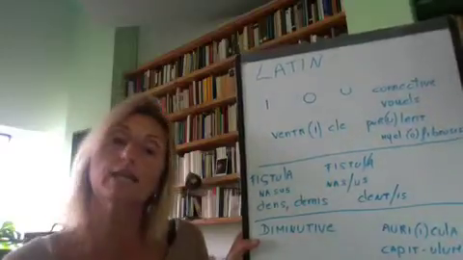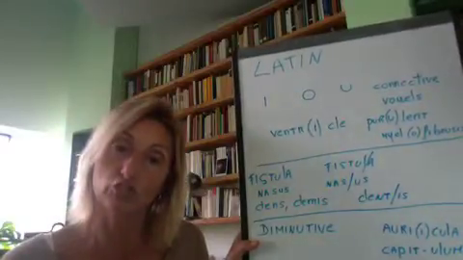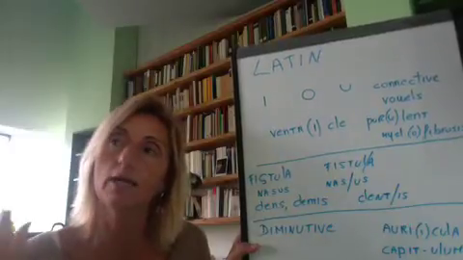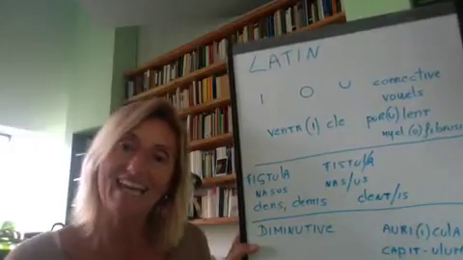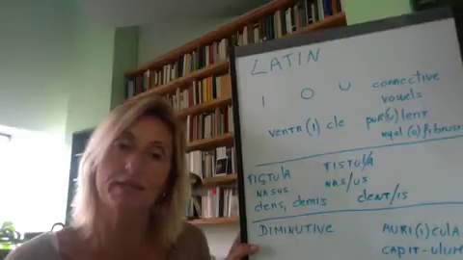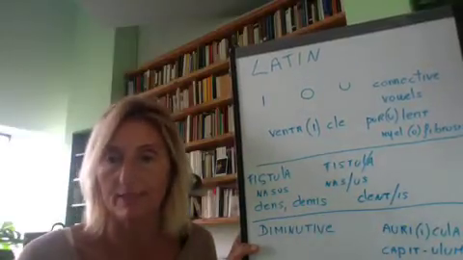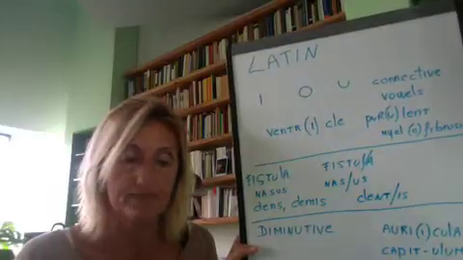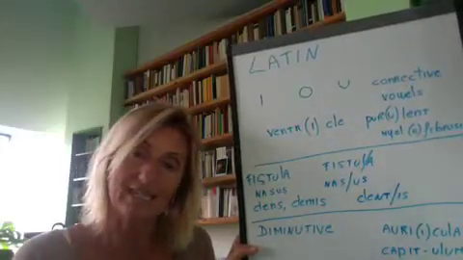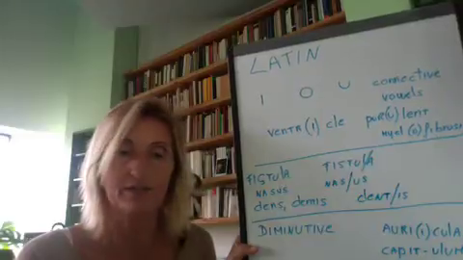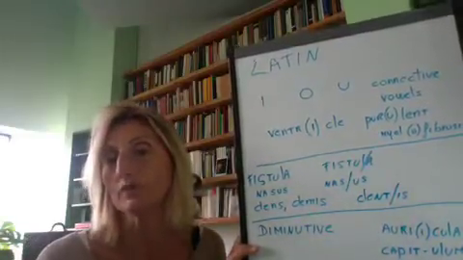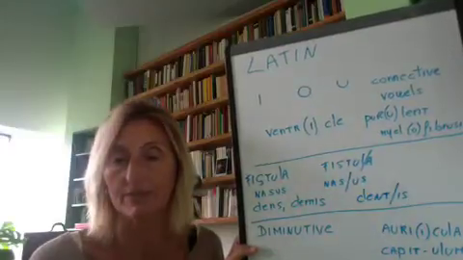What about the nouns? So the nouns in Latin are divided in declensions, meaning in 5 groups that have different endings depending on the function of the word in a sentence. Latin is a language that works exactly like Greek. So it has different cases with different endings of the words depending on the function of each word in a sentence.